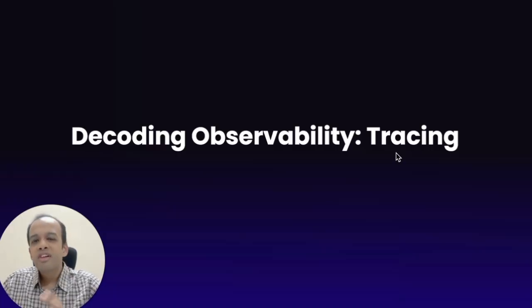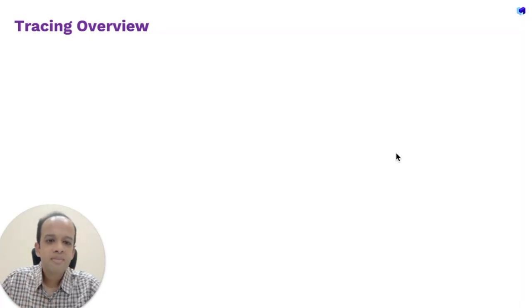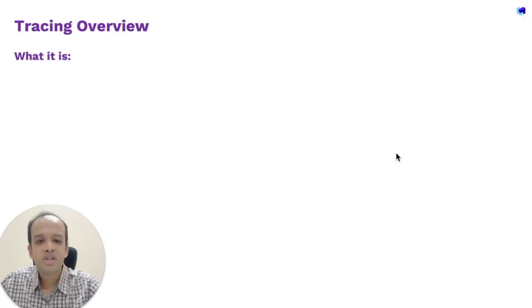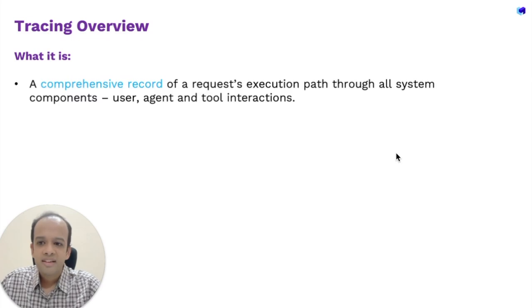Okay, so we have covered monitoring up to this part, and we have really understood the key metrics and what each of these metrics really means. Now, let's look at the second pillar of observability, which is tracing. While monitoring gives you the big picture, tracing provides a comprehensive view of every step your agent takes. It is all about the execution process, right?